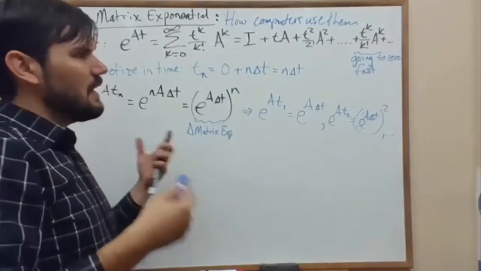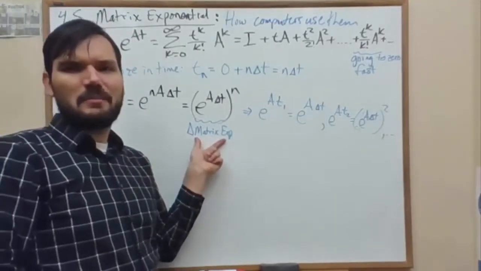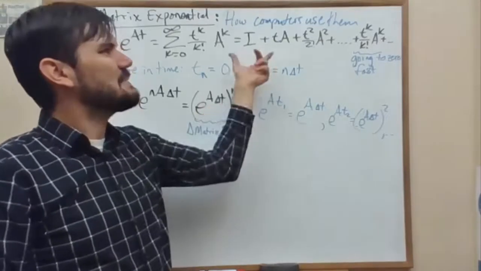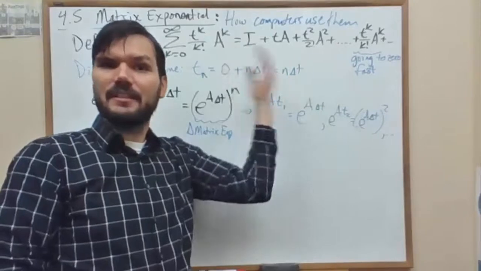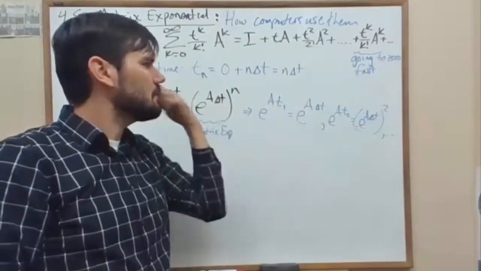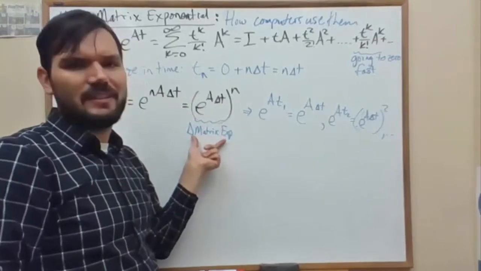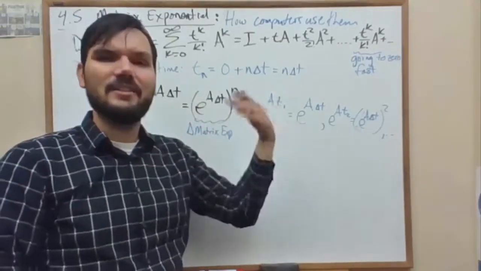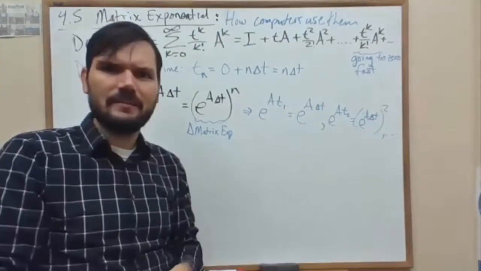And so you can actually create a delta matrix exponential, which is based upon a small matrix expanded outwards so that you can truncate your series rather abruptly. And then from this delta matrix exponential, we just power it up using integer multiples to find out how it changes with time. Well, why is that important?